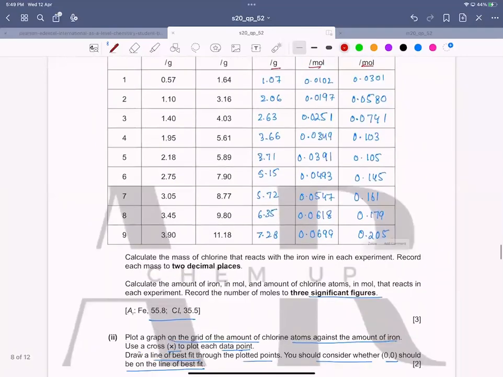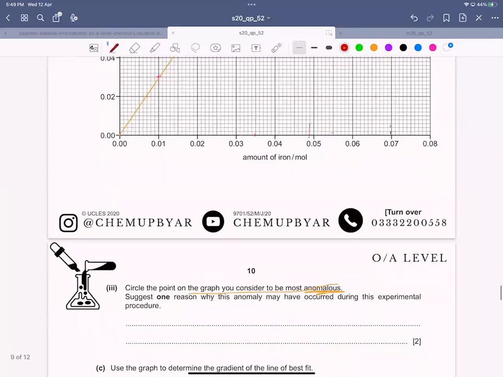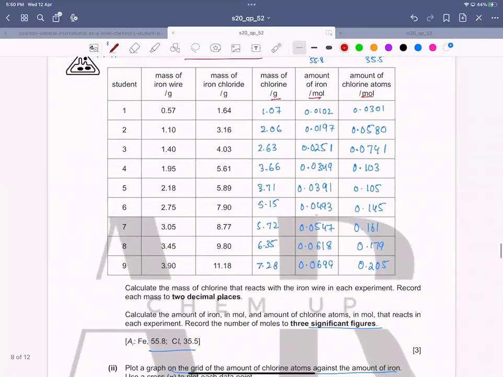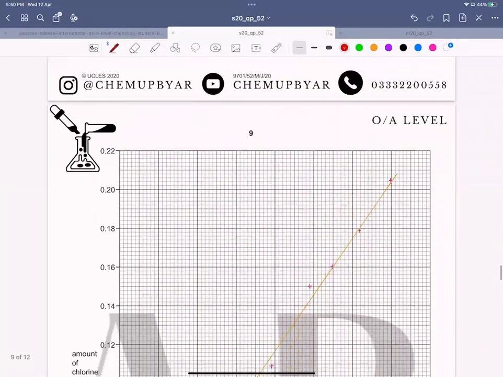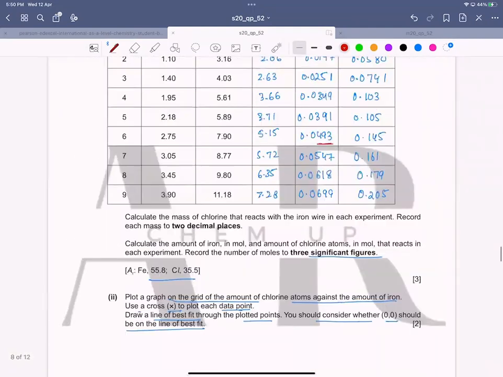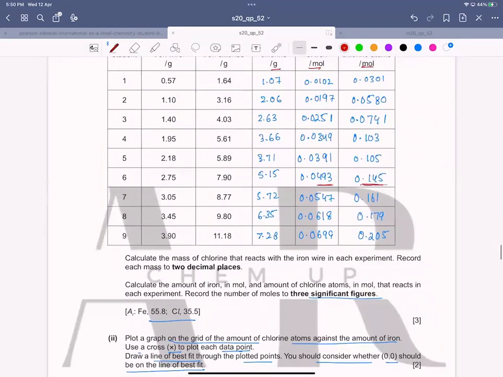Amount of iron 0.493, and on the y-axis, amount of chlorine atoms in mole 0.145.